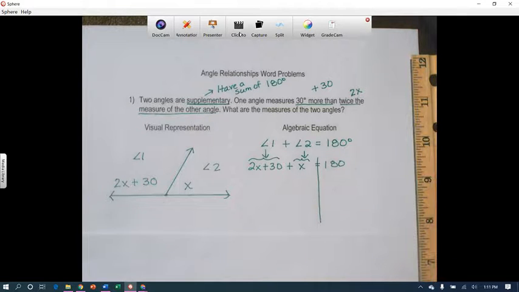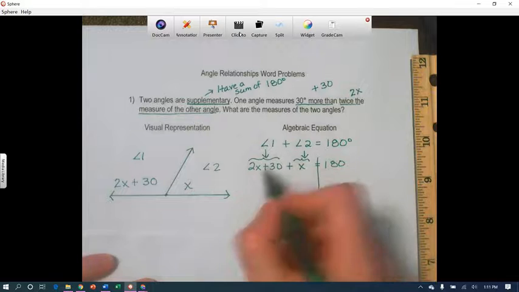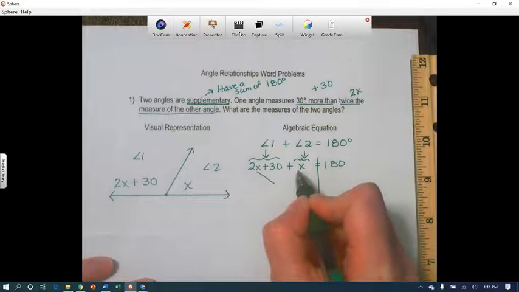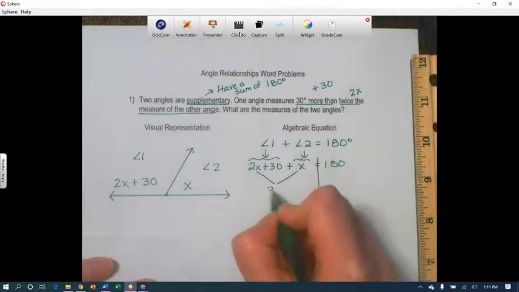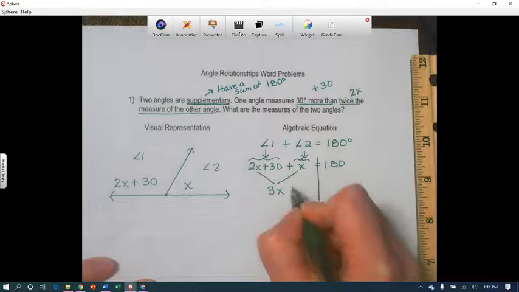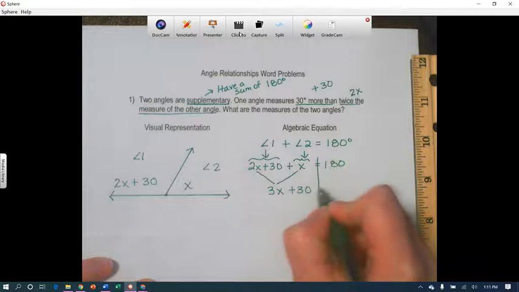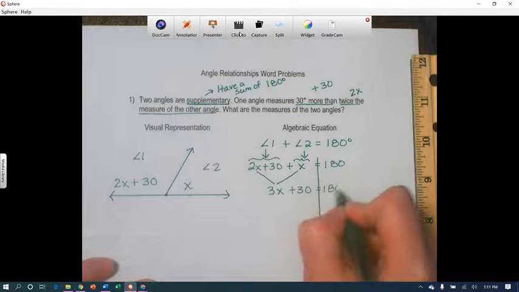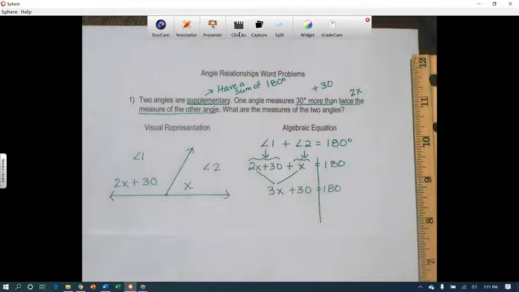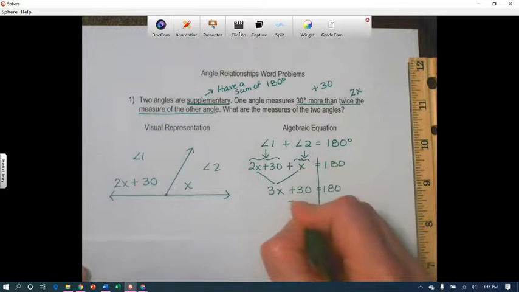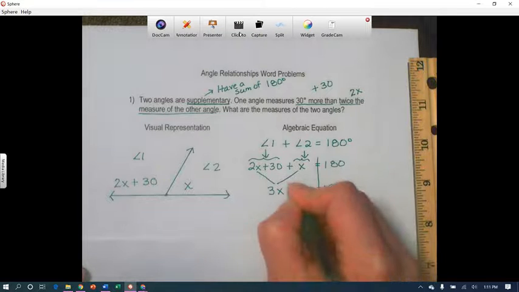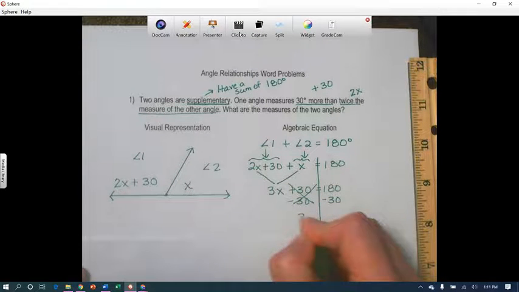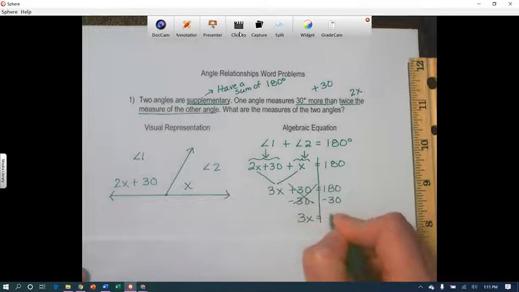I can combine like terms, so 2x plus 1x is 3x plus 30 is equal to 180. I am going to now get rid of that plus 30. I'm going to subtract 30 from both sides. And I have 3x is equal to 150.